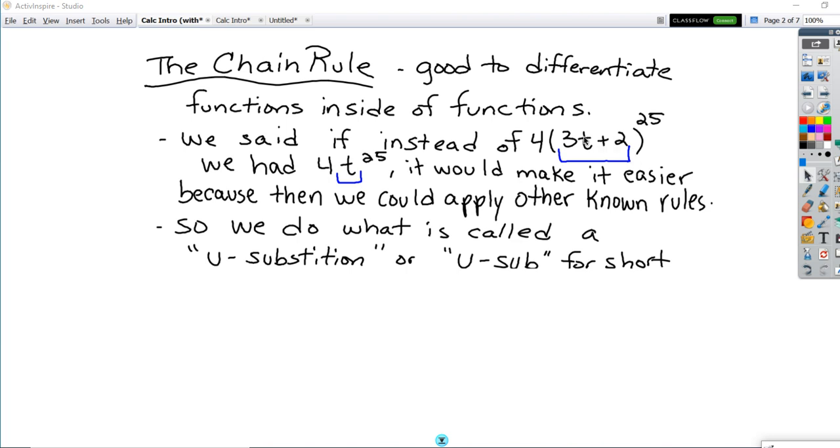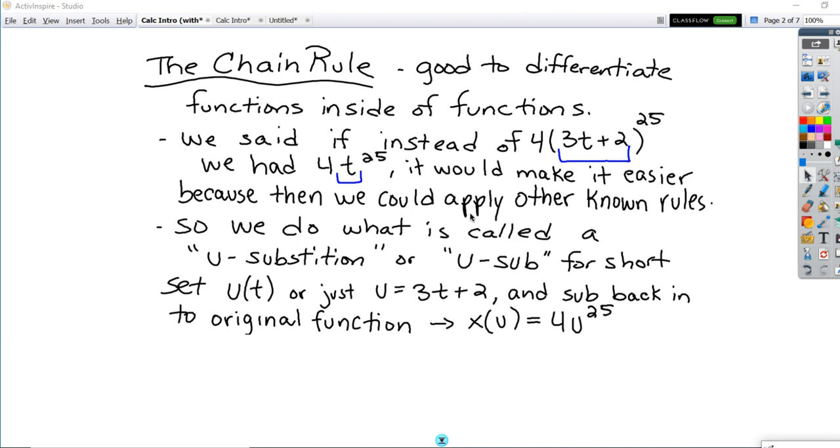We're going to replace this 3t plus 2 and just call that U. We're going to substitute in the letter U for this whole thing, because then instead of a t here I could put a U, but that would be the same thing. It's just U is my new variable. But switching the variables over requires some other manipulation, some other things to multiply through in order to make sure that everything checks out right.